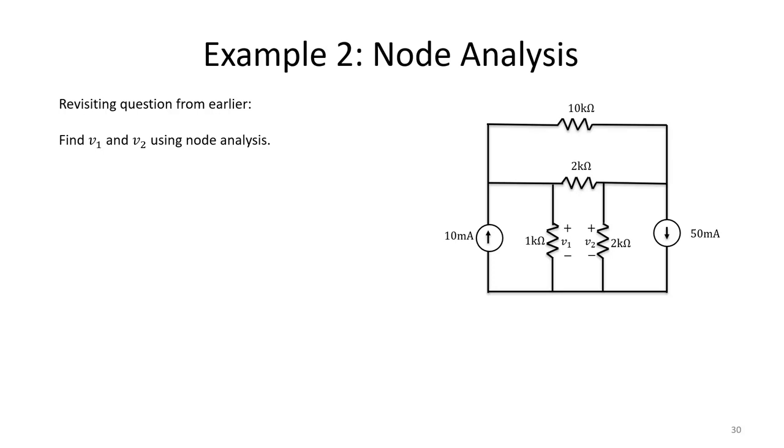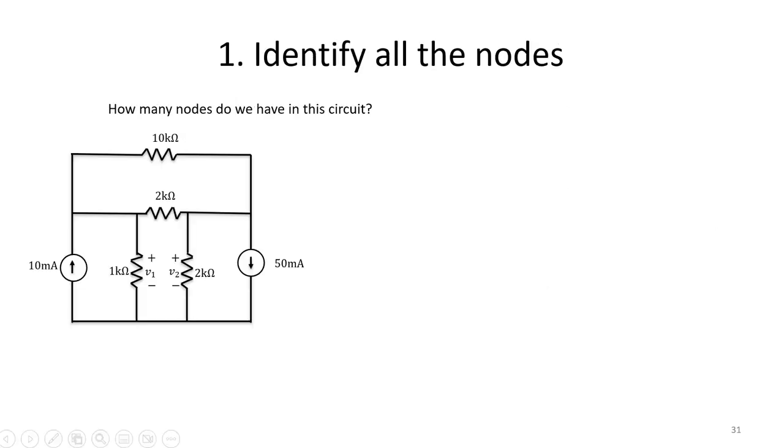So let's go ahead and give this a try. Let's walk through our node analysis step by step. Remember, our first step is to identify all the nodes. How many nodes do we have in this circuit? Pause the video a moment. See if you can count them.